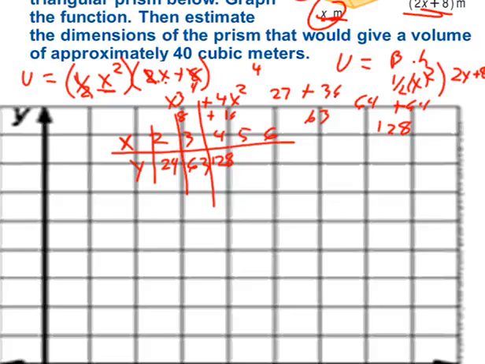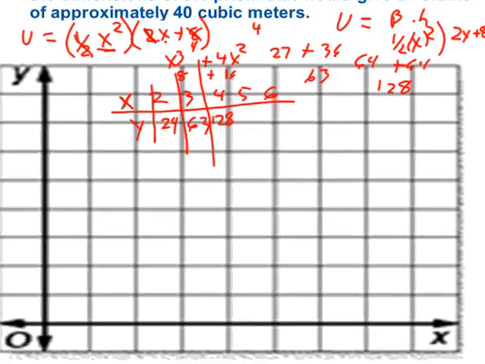And if I look at the graph of this, this is 1, 2, 3, 4, and we can stop there. If I graph 1, I'm going to get an answer of 24. So let's go 5, 10, 15, 20, 25, 30, 35, and 40.